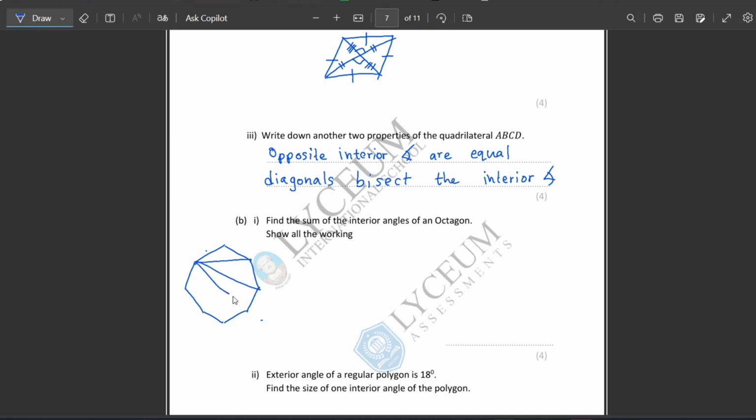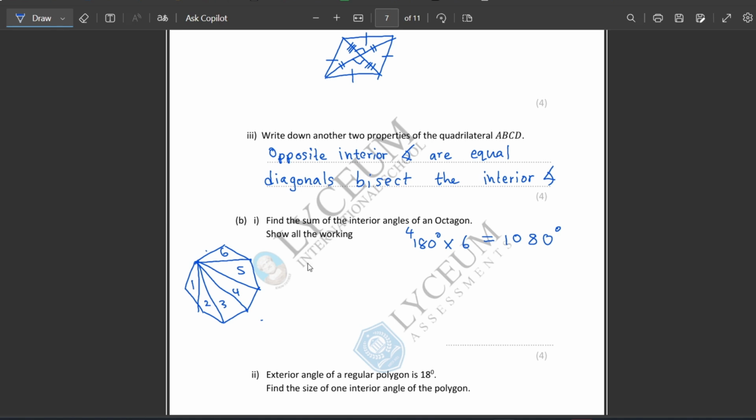So how many triangles can we get inside an octagon? You can see 1, 2, 3, 4, 5, 6 triangles. One triangle means we have 180 degrees. So six triangles means we have to multiply by 6. 6 times 180 is 1080.